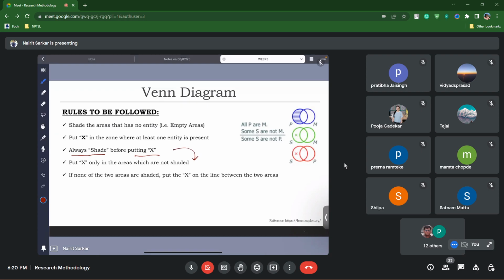Then if none of the two areas are shaded, put X on the line between two areas.